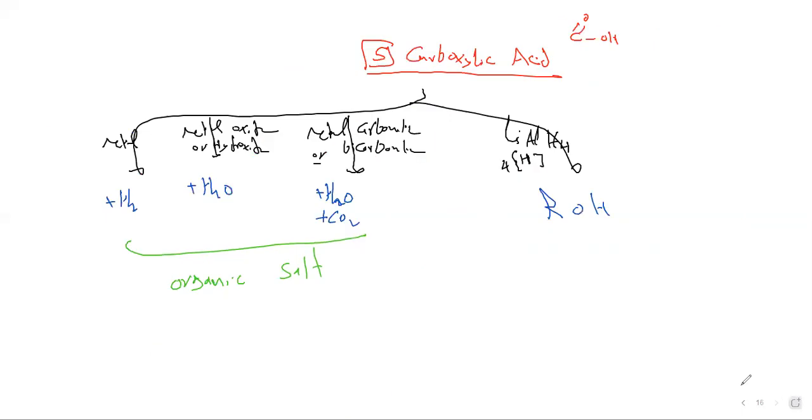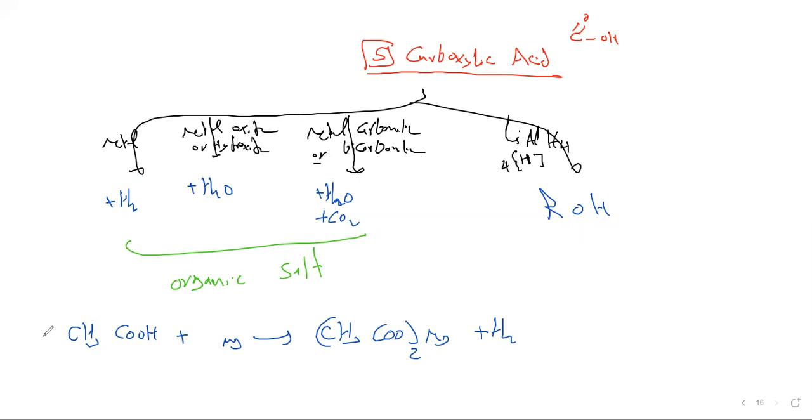Like for example, if we have the reaction between carboxylic acid, like ethanoic acid, CH3COOH, plus Mg, it will produce (CH3COO)2Mg plus H2. Hydrogen gas evolves.